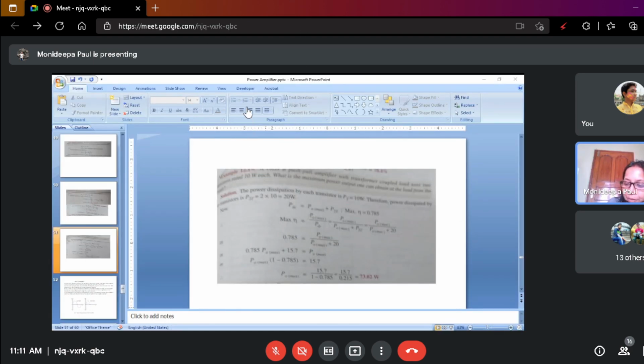Next you write efficiency is equal to output by input. That is the output power by input power, P AC output divided by P DC input.